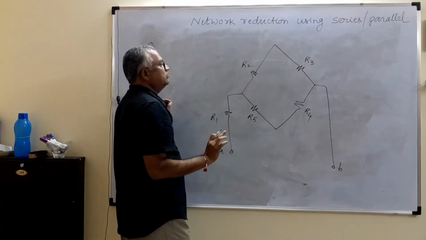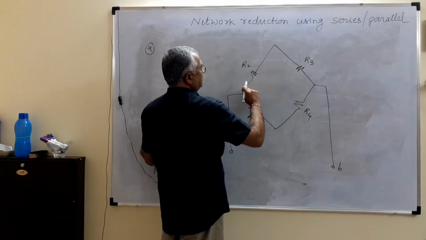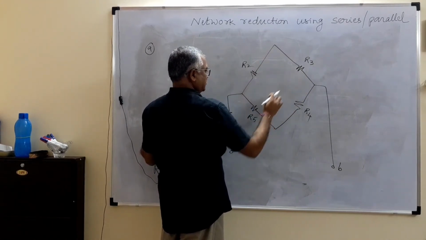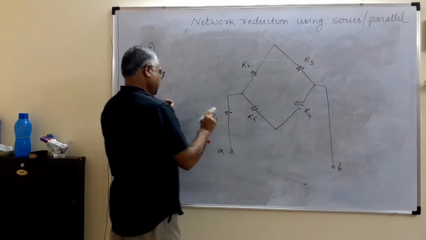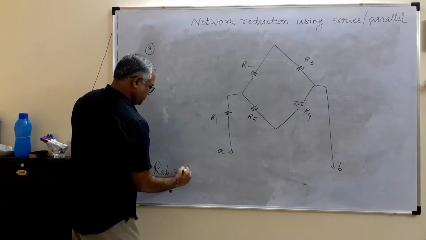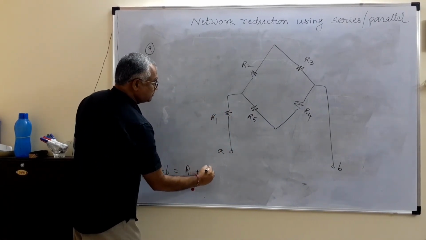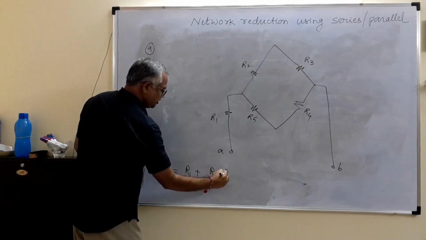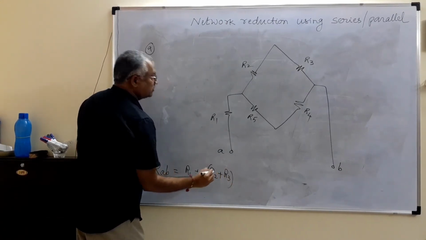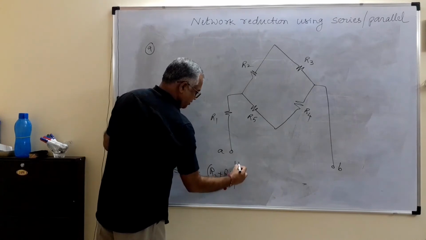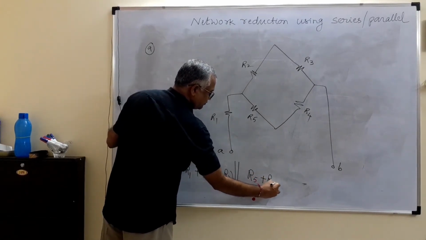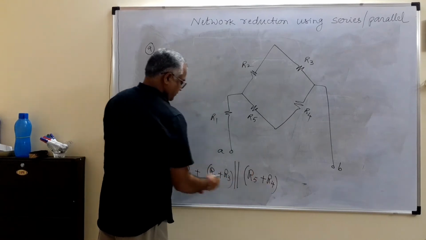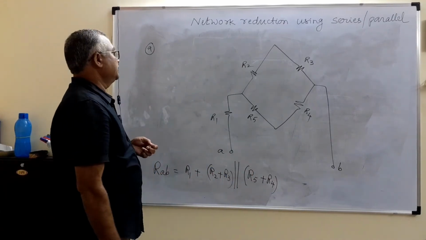That is a blunder. R2, R3 have the same current flowing, so series. These two in series are parallel, that is in series with R1. So R1 plus R2 plus R3 is parallel with R5 plus R4. Like this you have to answer.